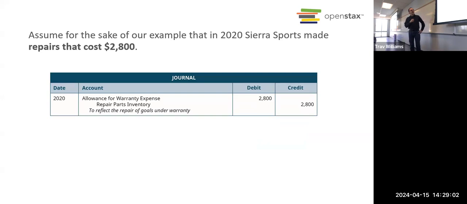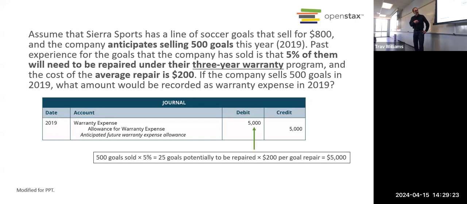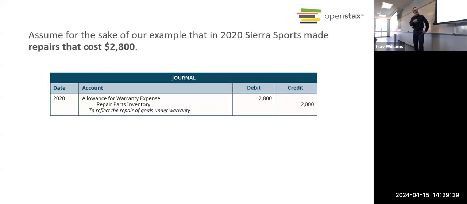So here, the company has estimated, and they made repairs of $2,800. So that's what I was just saying. Now they debit allowance for warranty expense for the actual cost of providing warranty services. Right, so now if we went to the allowance for warranty expense account, it would have started with a $5,000 credit, and here it got a $2,800 debit.